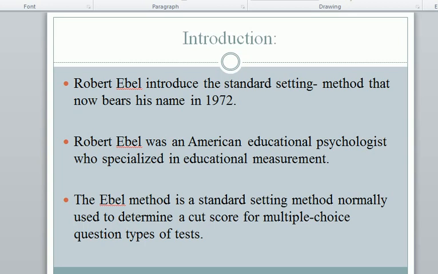He introduced this standard setting method, which is famous by his name, in 1972. Robert Ebel was an American educational psychologist who specialized in educational measurement.